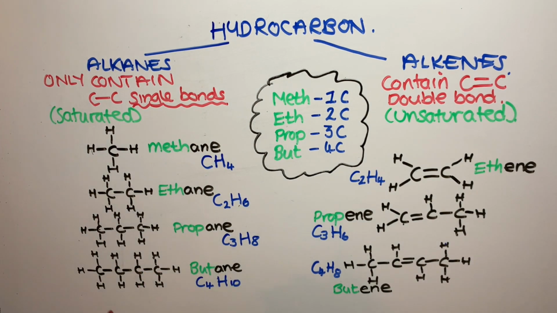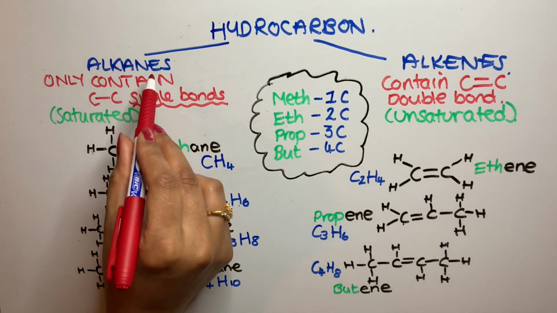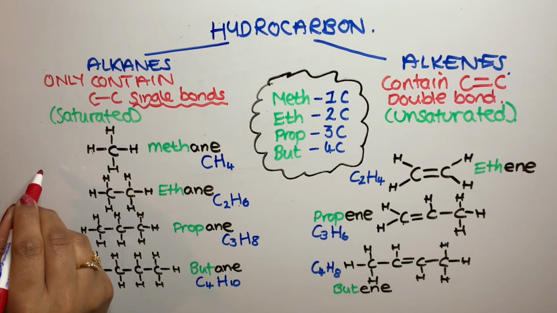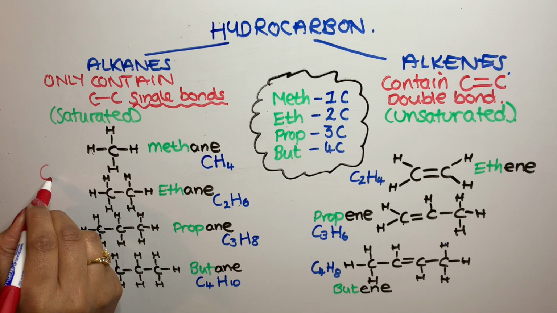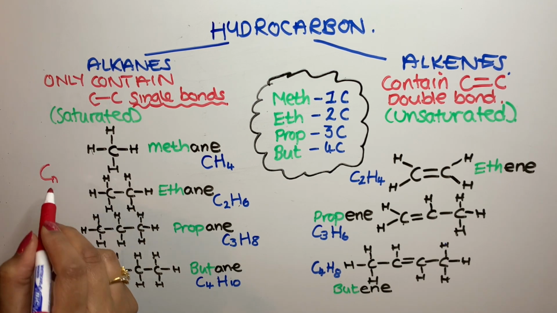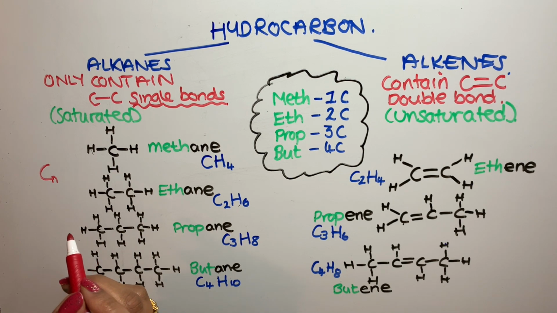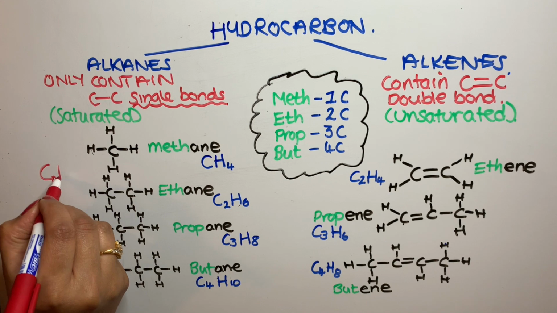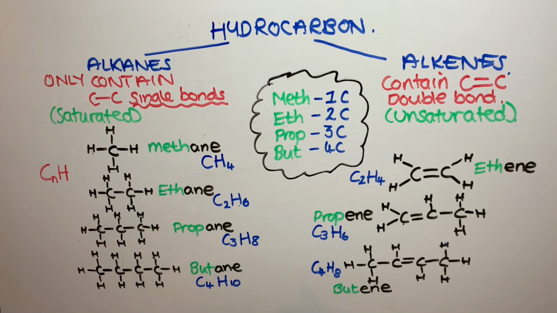Now, if I write these as a general formula for my alkanes, we're going to use C and an n. n could be any number. So it could be 2, it could be 4, it could be 6. So we're just going to use n for meaning any number. Now, however many C's we had, we said you're going to have twice as many H's.